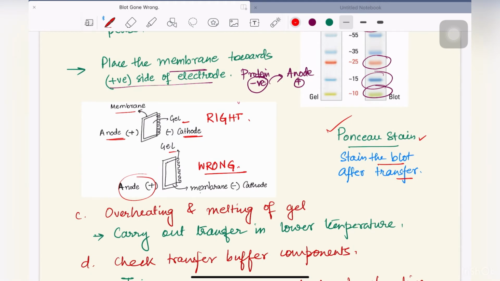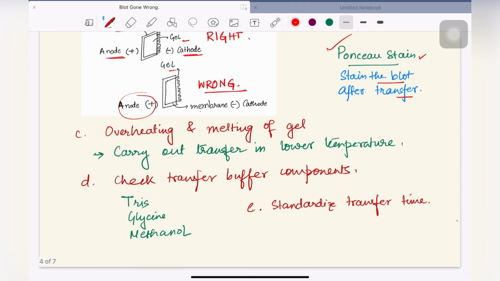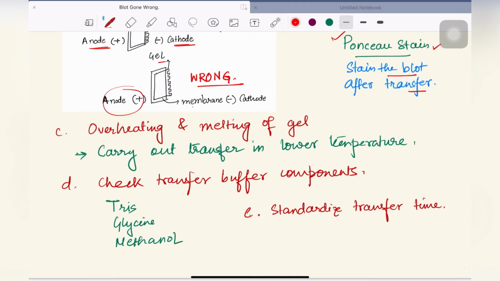Okay, coming to the other problems that might occur during transfer, the one that occurs very frequently is when you're transferring for a long time. Usually transfer takes 30 to 60 minutes. But if your protein is, suppose, of high molecular weight, you might want to do transfer for some longer time.